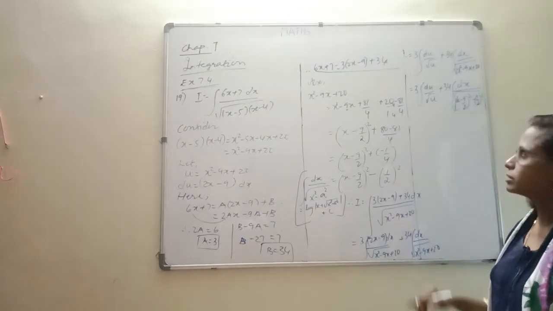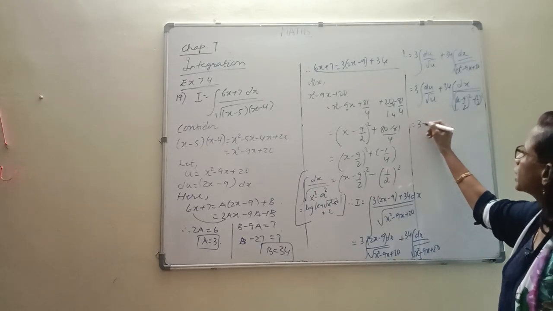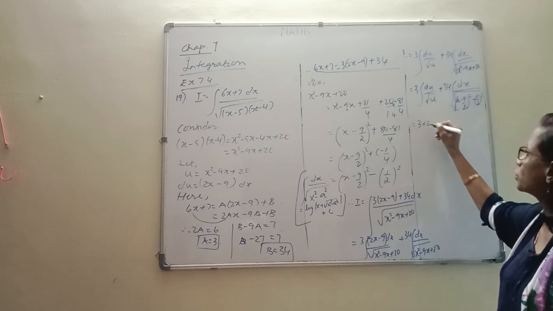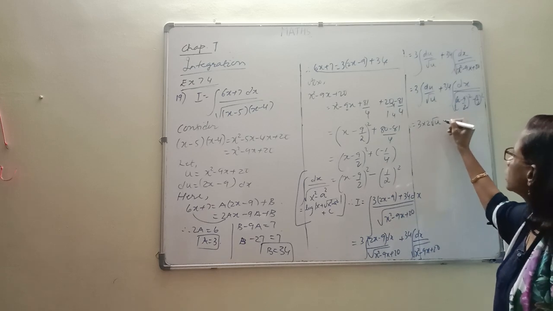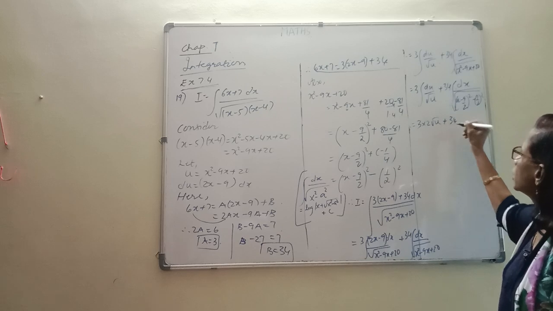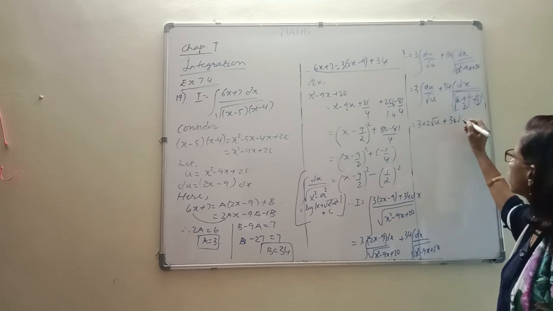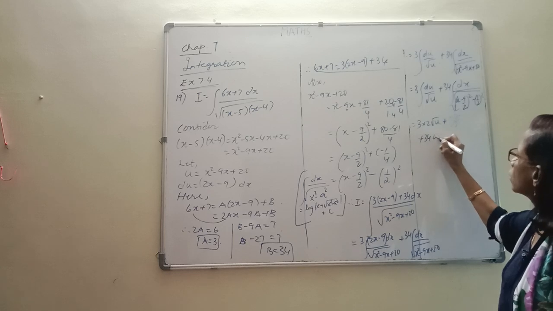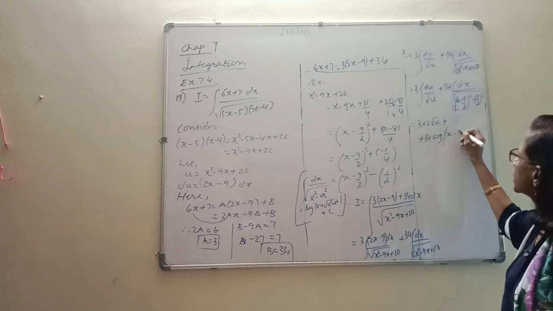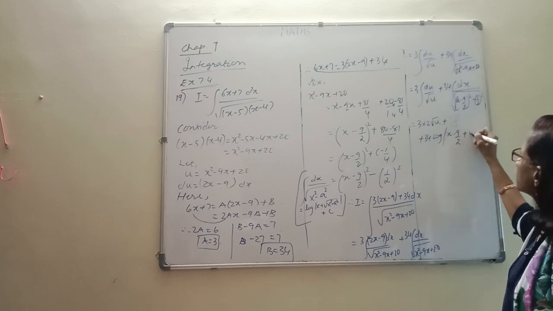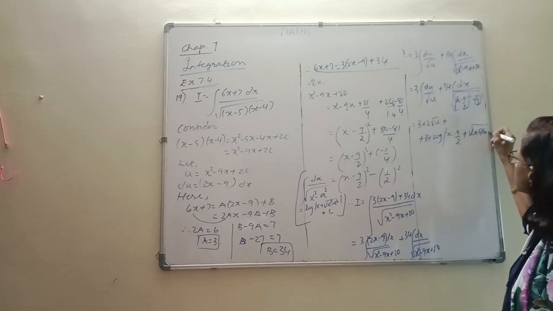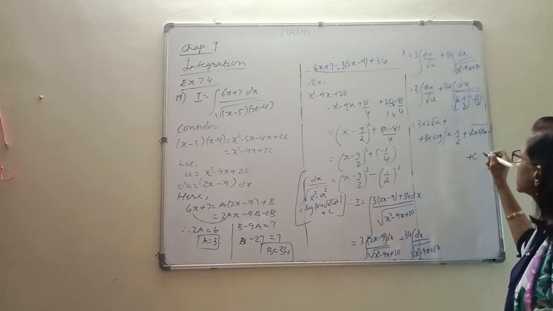So that's it. So your work is 3 times 2 root u, because 2 root u is the integral of 1 over root u. So 2 root u plus 34 log, shall I write it down? That's better. Plus 34 log x minus 9 over 2 plus root of x minus 5 times x minus 4, plus c.